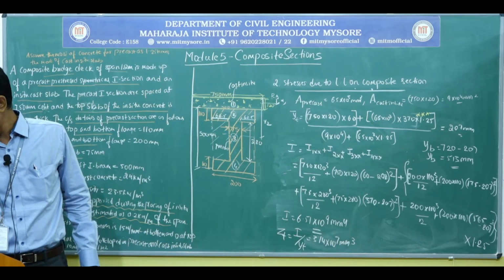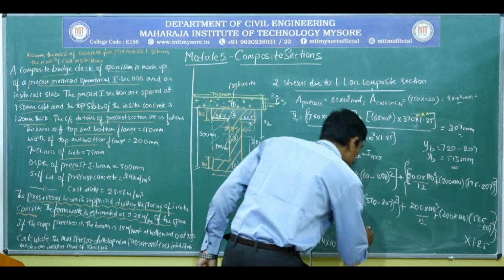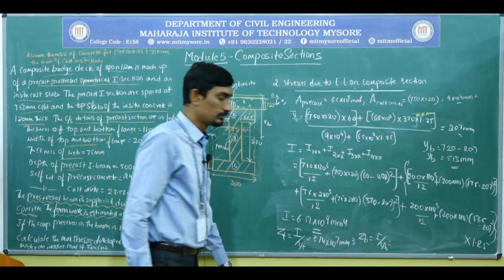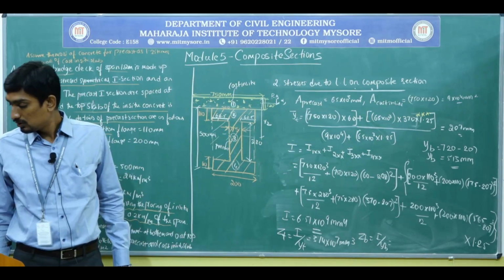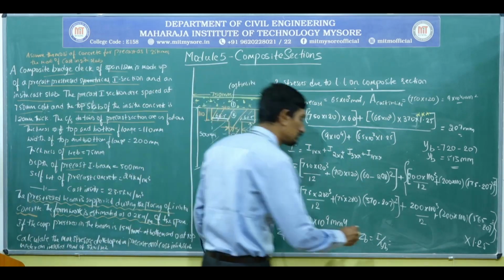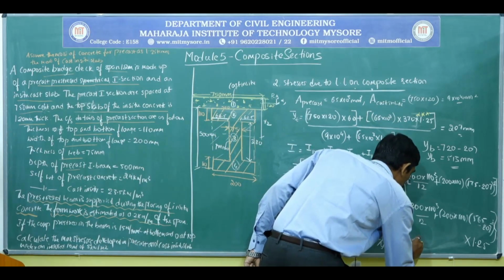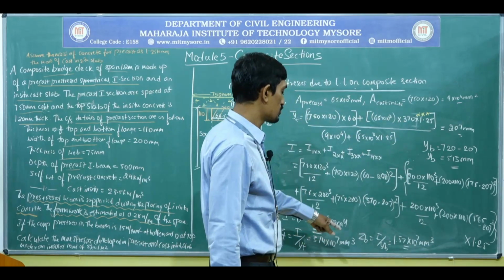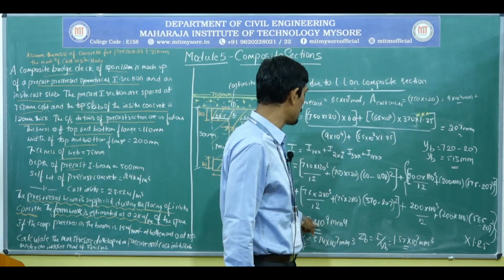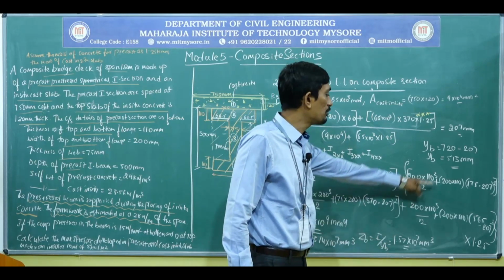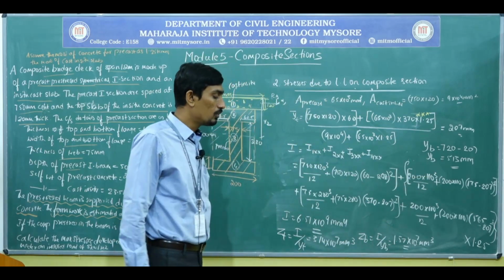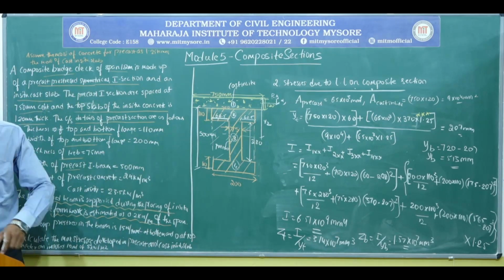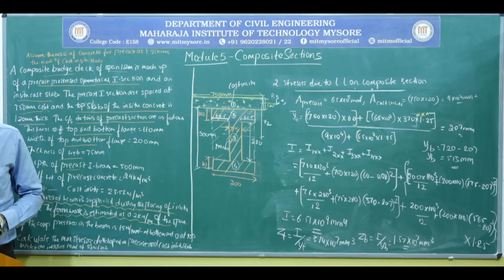Next, Z bottom is I divided by Y bottom, which is 6.5 into 10 to the power of 9 divided by 513, you will get 1.57 into 10 to the power of 7 millimeter cube. Please substitute properly.